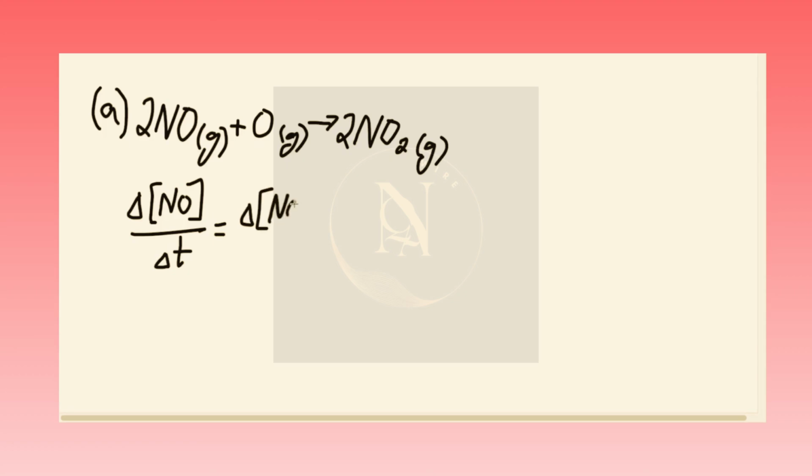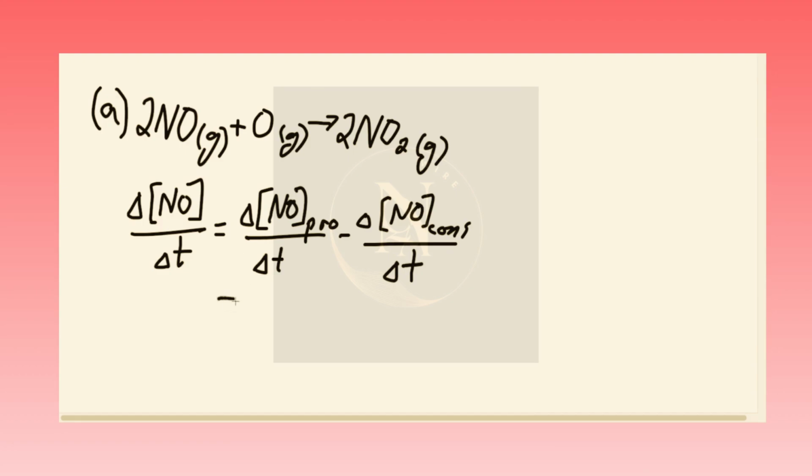So we'll have Δ[NO] produced over Δt minus Δ[NO] consumed. For this, we ask, okay, what is producing it?